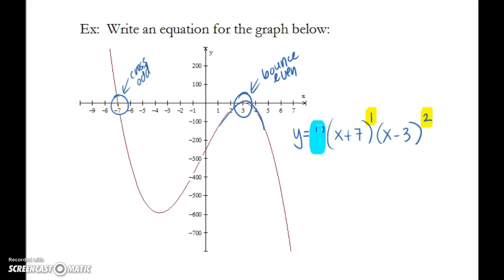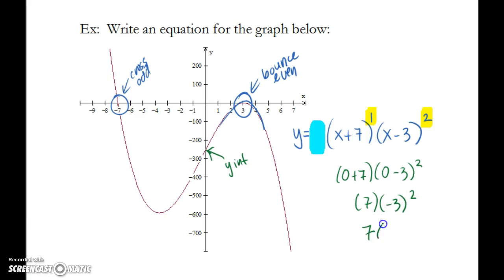Now the thing that's left is our leading coefficient. And we're going to figure that out by looking at our y-intercept. Our y-intercept is here between negative 200 and negative 300. Is that the y-intercept of this function right now? Well, let's see. If I put 0 in for x for both of these factors, I get 7 times negative 3 squared.